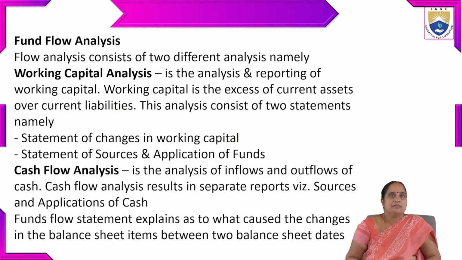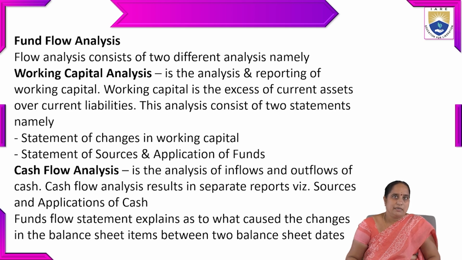So funds flow analysis consists of two different analyses. One is working capital analysis, another one is cash flow analysis. In general, funds can flow in two ways: one is from various activities or operational sources, the other one is from cash.